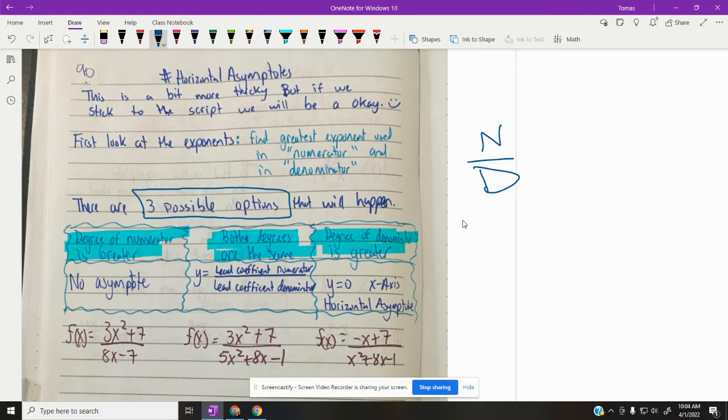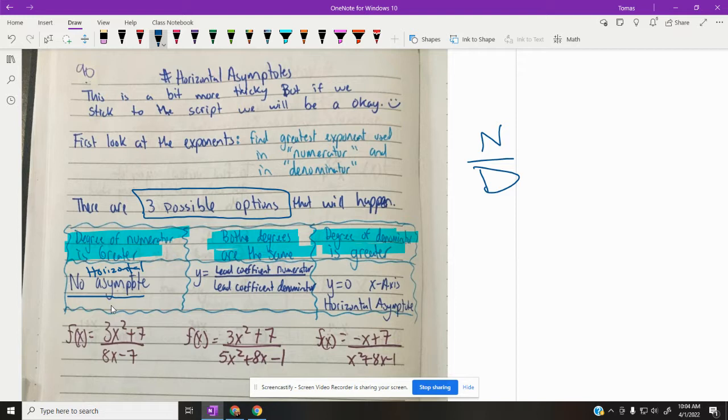Now there's three options of having a horizontal asymptote. You could have no horizontal asymptote. I should put no horizontal asymptote, because it's not necessarily no asymptote, since we still might have a vertical asymptote.